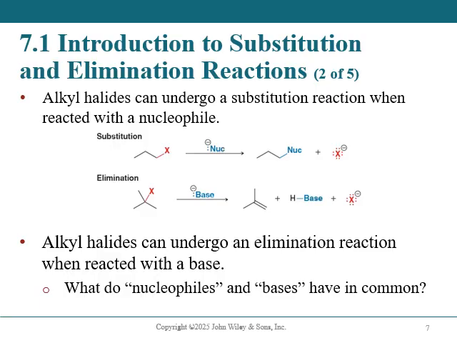We see this lone pair of electrons and the negative charge as well. As you can see, this will be a substitution reaction. You change that halogen for whatever the nucleophile is, and in the case of an elimination, you remove your halogen, you also remove a hydrogen to form a double bond.